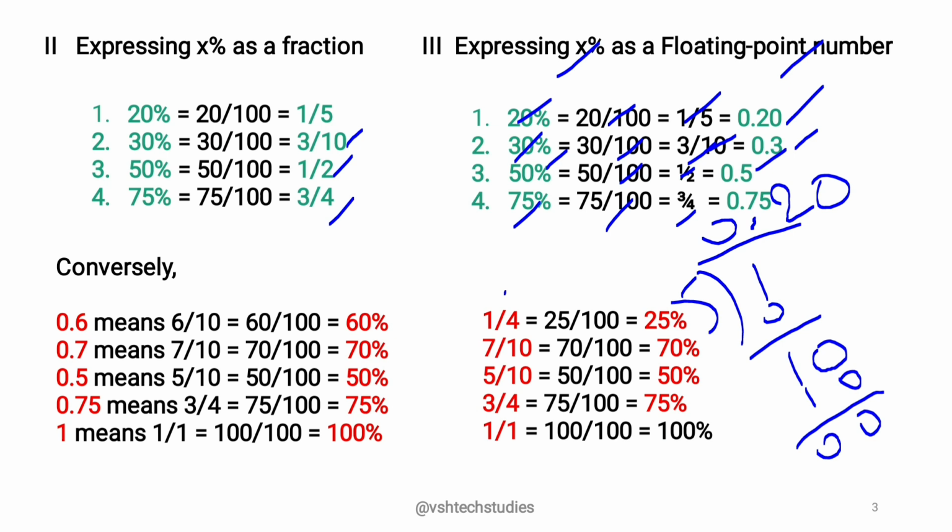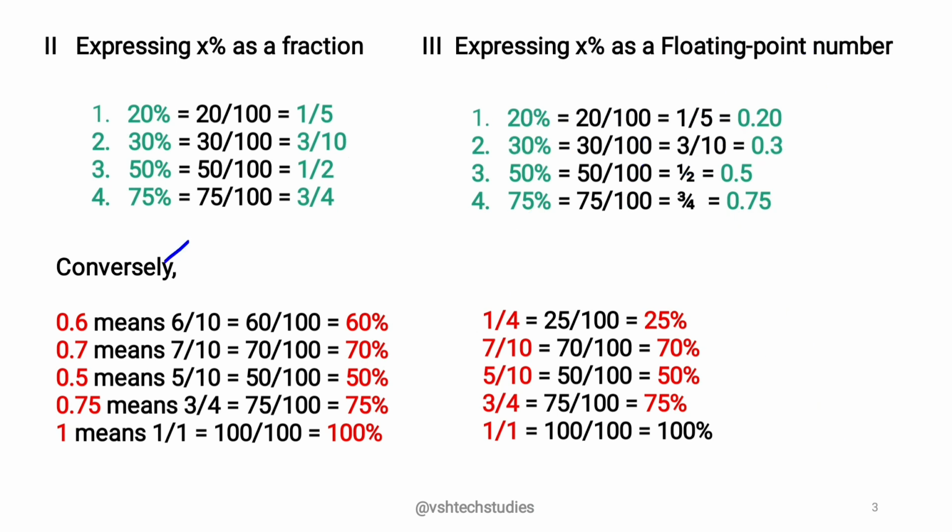So 3 divided by 4 you get 0.75. So for x percentage, 20% as a floating point number or decimal number is 0.20. This is how any x percent can be converted to its equivalent decimal number or floating point number.